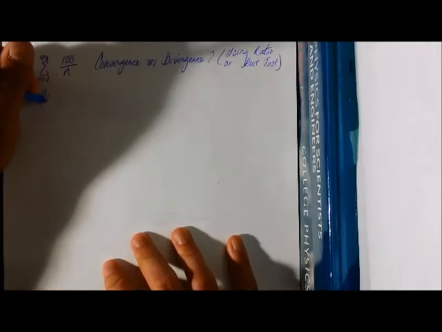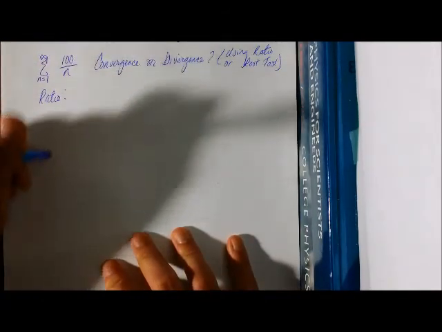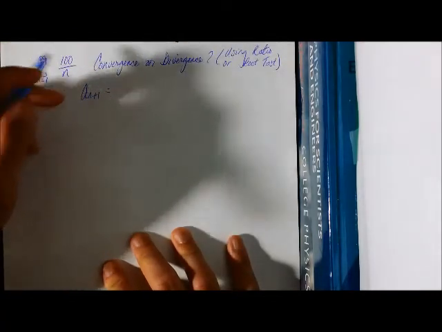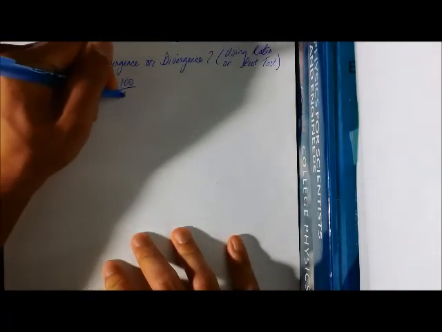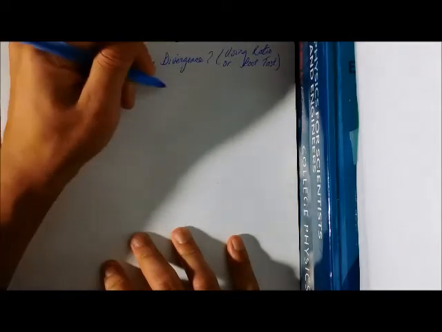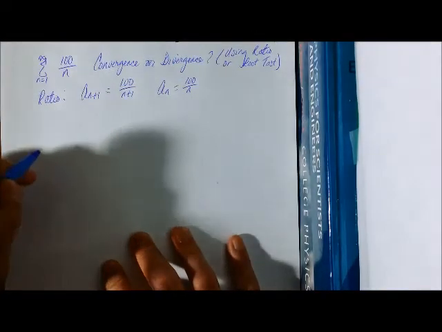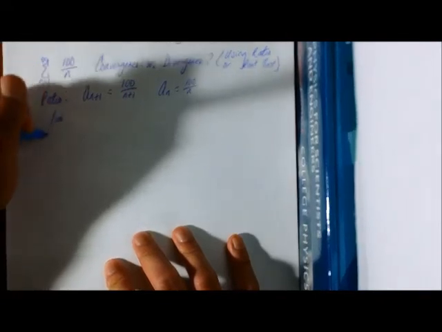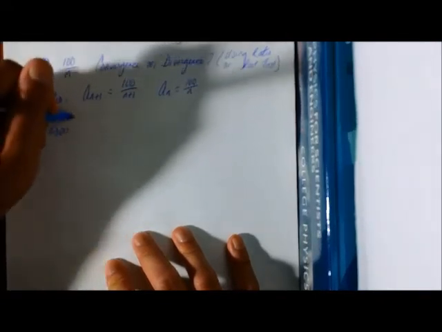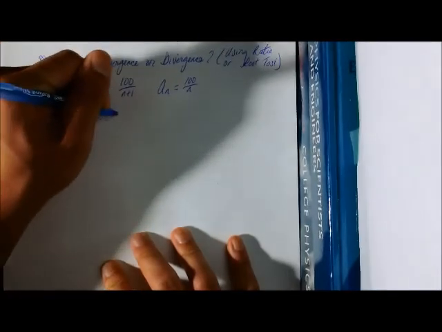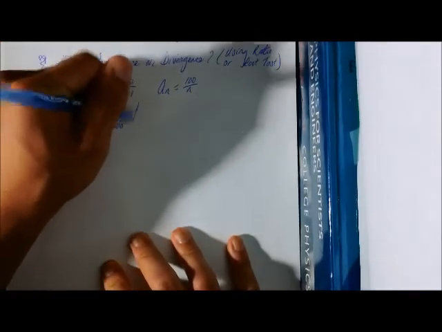So we're going to start with the ratio test for this problem. And we know a of n plus 1 is equal to 100 over n plus 1, and a of n is equal to 100 over n. Well, if you take the limit as n goes to infinity of a of n plus 1 over a of n, you have 100 over n plus 1 times n over 100.